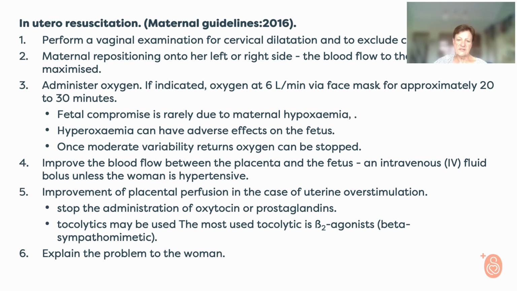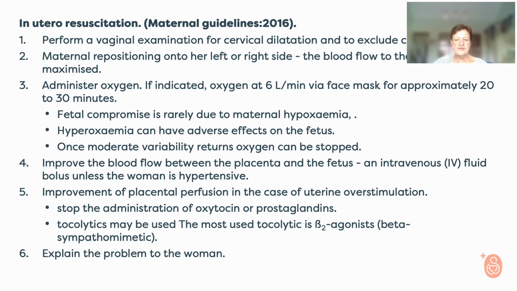Obviously, that influences the way in which the labor will be expedited. If the patient is fully dilated, the labor should be expedited by means of an instrumental delivery, or if the cervix is still not fully dilated, by means of a cesarean section.